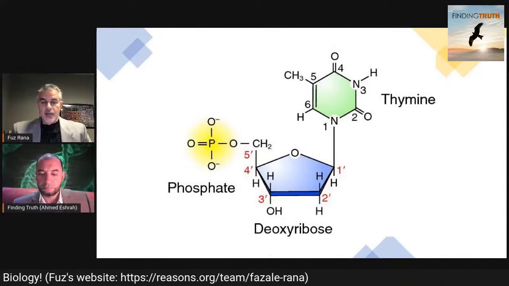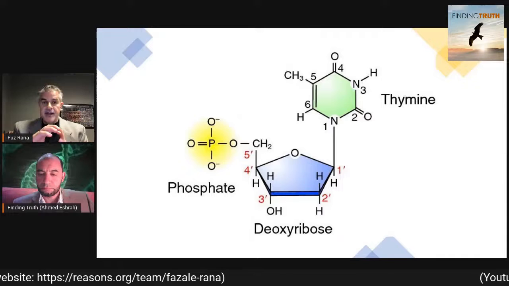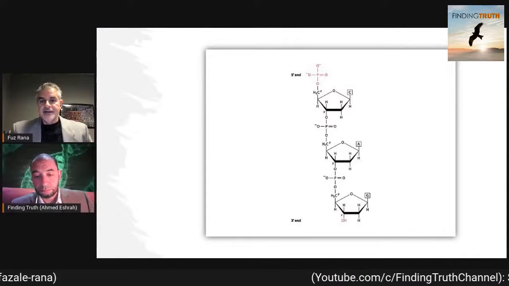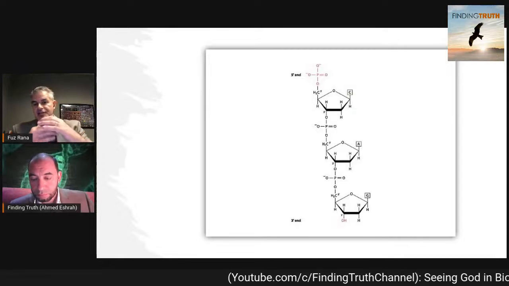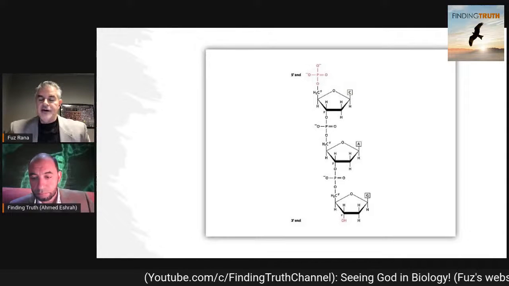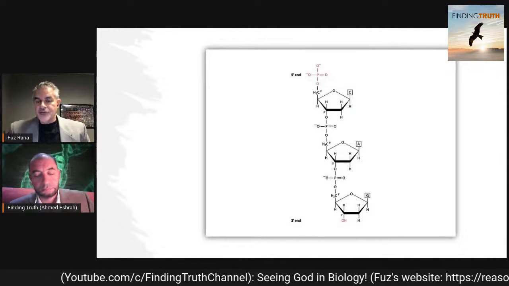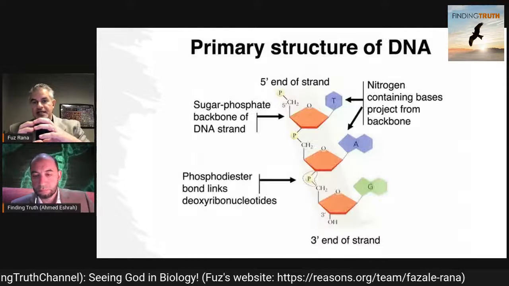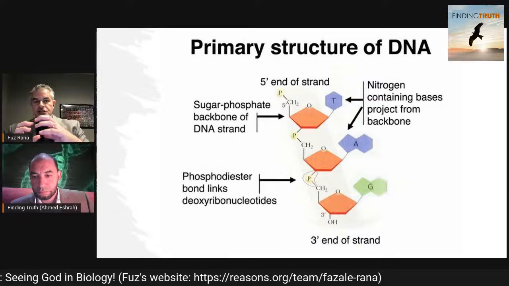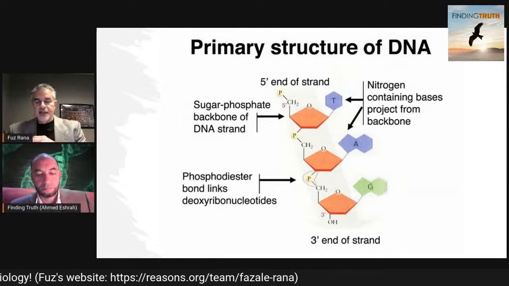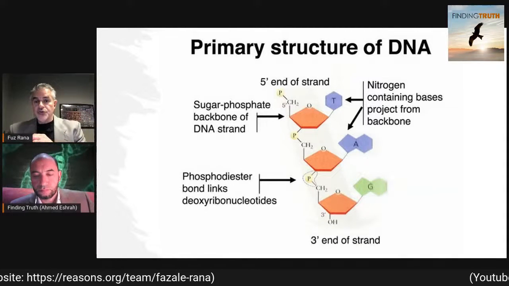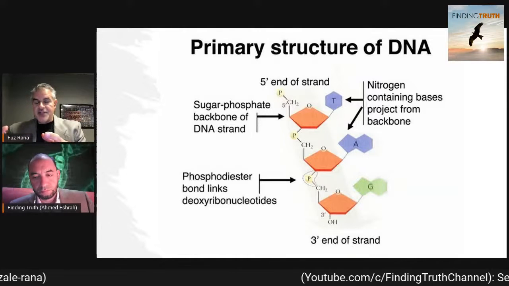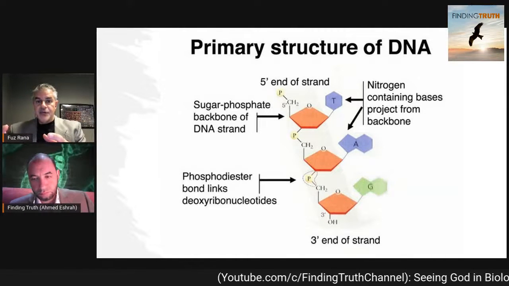This is what ends up happening to build the strand. The nucleotides are linked together through what's called a phosphodiester linkage, where the phosphate on one nucleotide in the 5' position reacts with the hydroxyl group on the next subunit in the DNA strand in the 3' position.